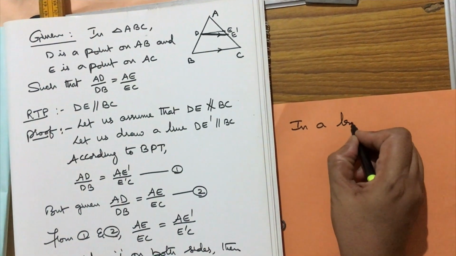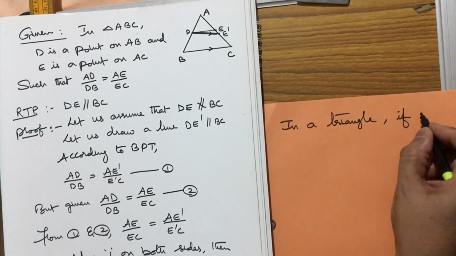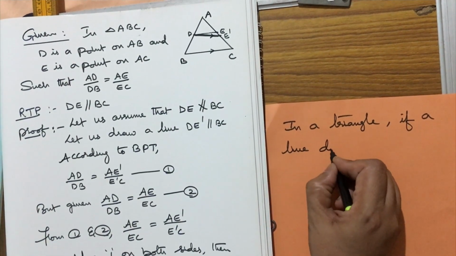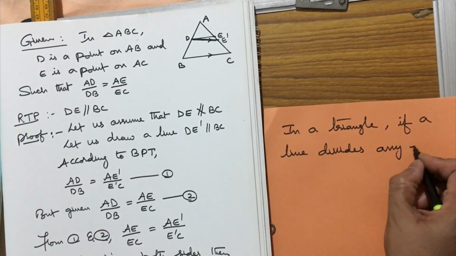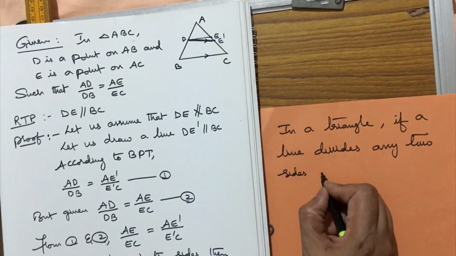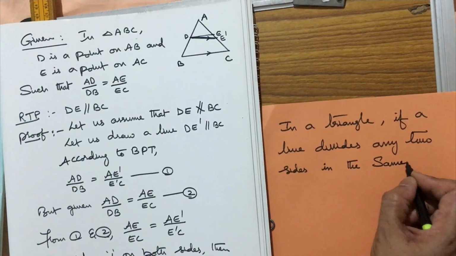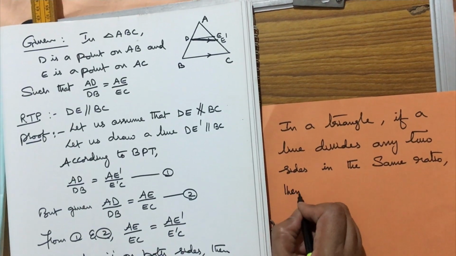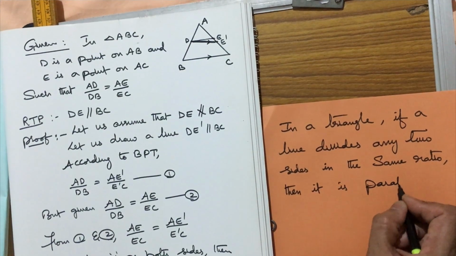In a triangle, if a line divides any two sides in the same ratio, then it is parallel to the third side.